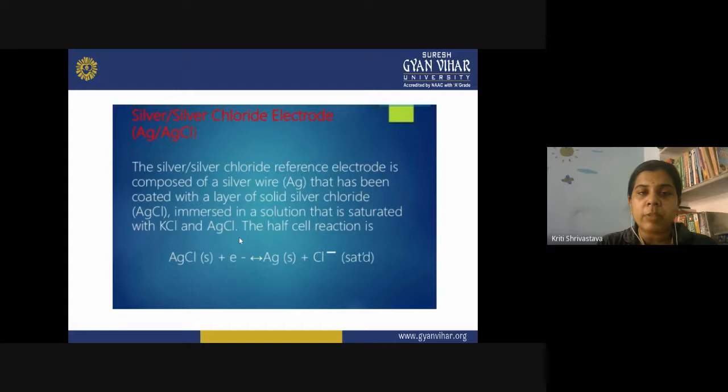So this forms my silver chloride reference electrode. This is the half cell reaction in which your AgCl is getting 1 electron and it is getting converted into solid silver and chloride. And it is totally independent of the nature of analyte that you are going to use in your experiment.